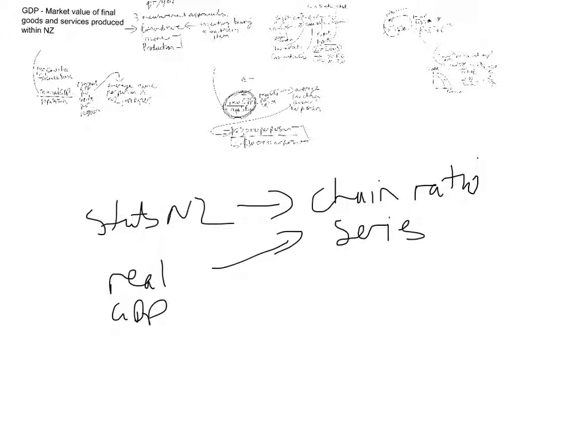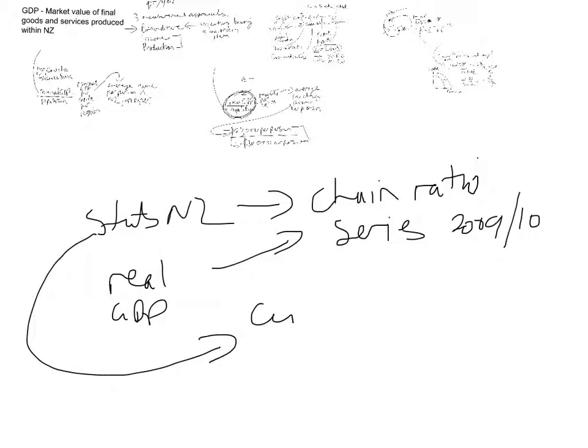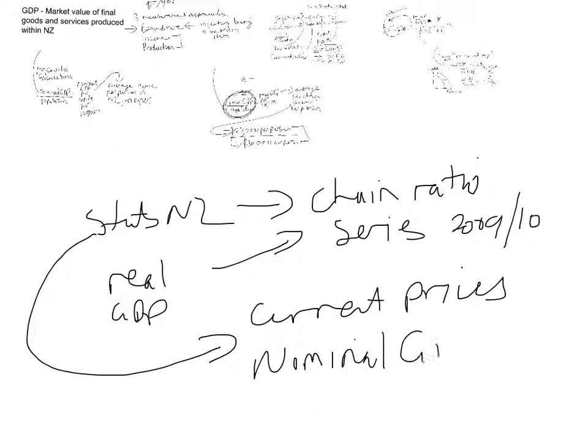I think the series is 2009-10. And again, if you go into Stats New Zealand and you're looking at the GDP spreadsheets, and they talk about current prices, you'll know that they're talking about nominal GDP.